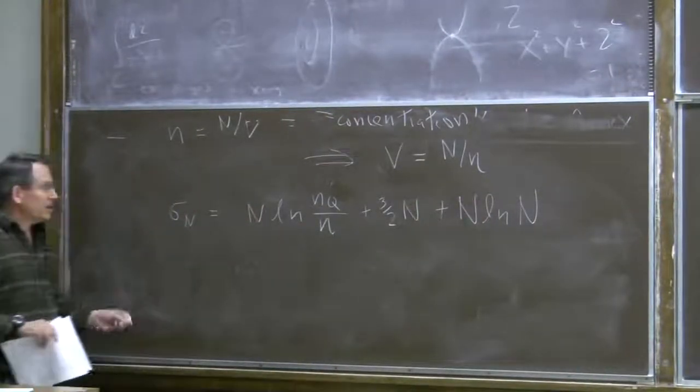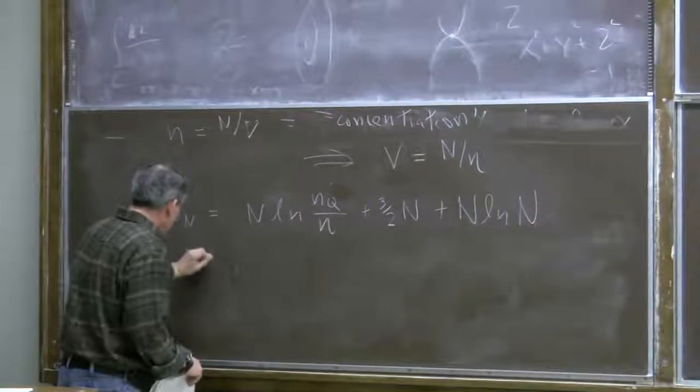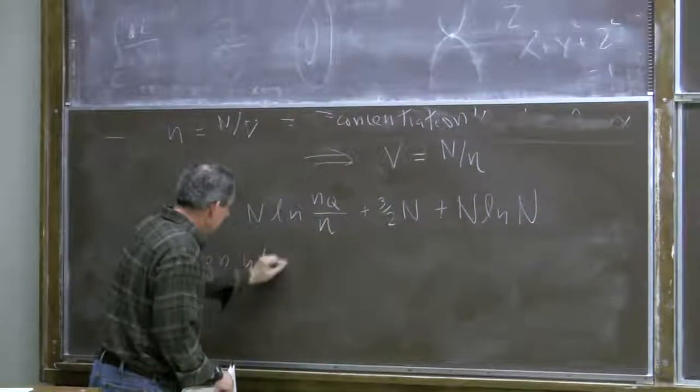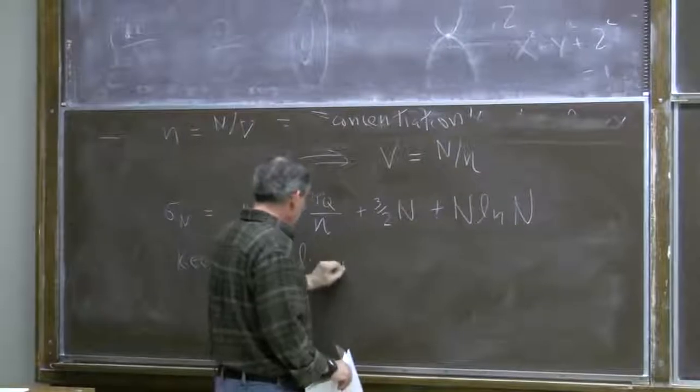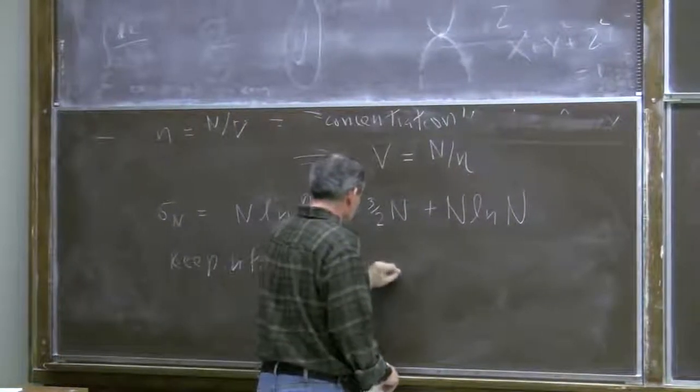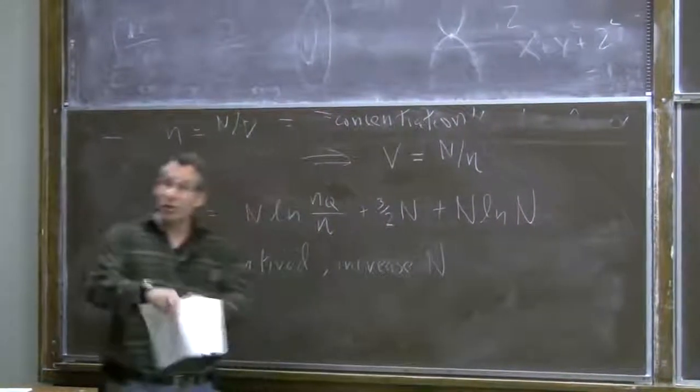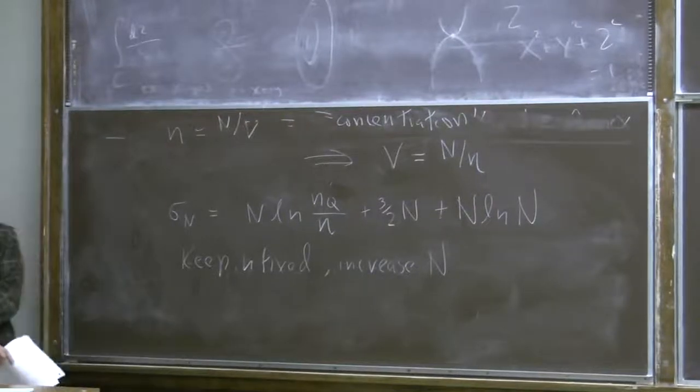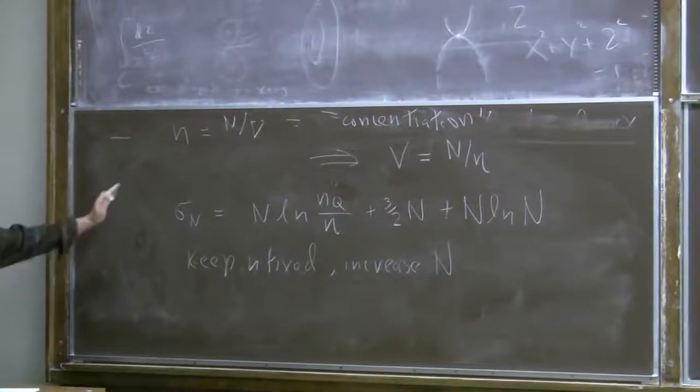So if we keep concentration fixed and increase capital N, which means we're also increasing the volume and the number of particles together, this is not extensive.